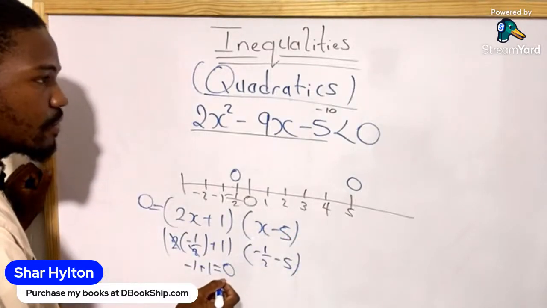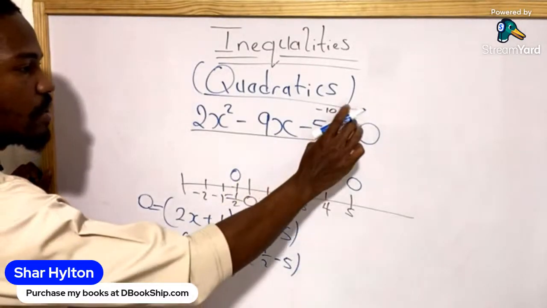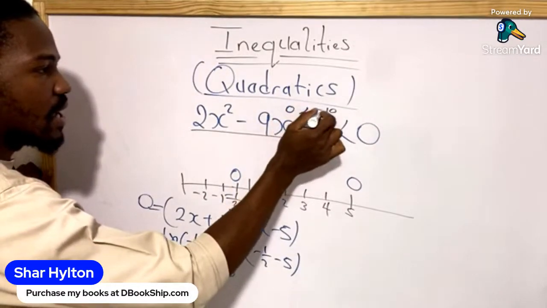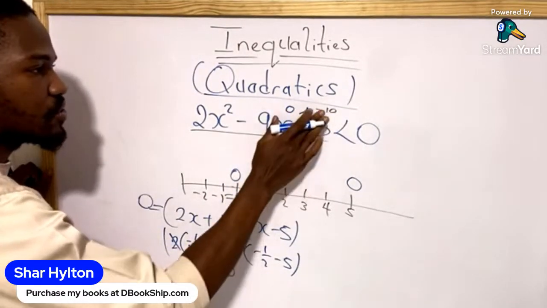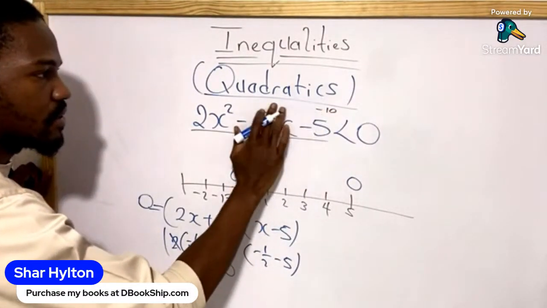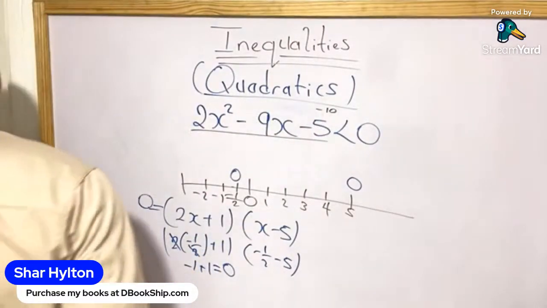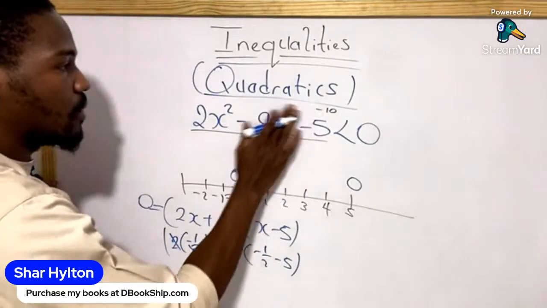It means therefore that the equation would not be true, because 0 is not less than 0. I almost think that question had an equal sign there when I was writing it.